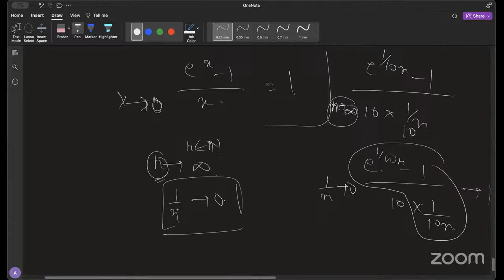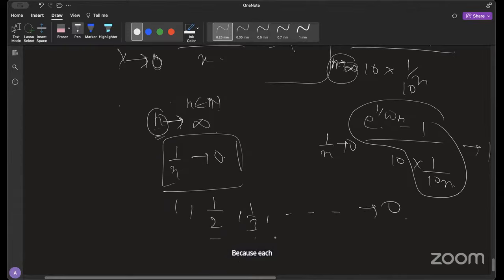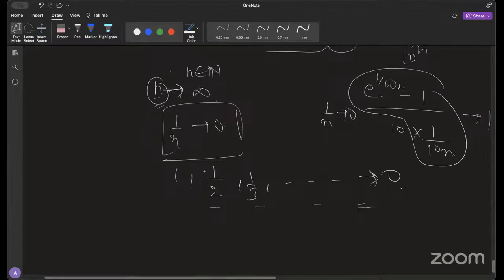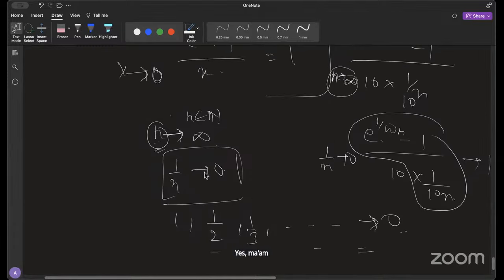It's actually true. 1, 1 by 2, 1 by 3, and so on, this sequence tends to 0, because each time you're increasing the denominator and making the number smaller and closer to 0. Is that okay? Yes, ma'am, got it.